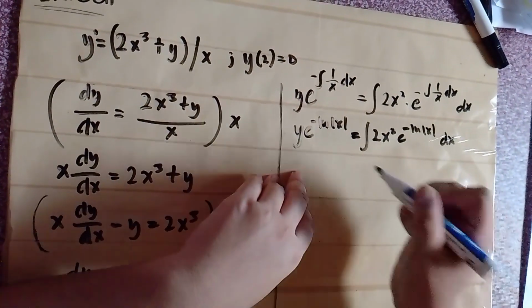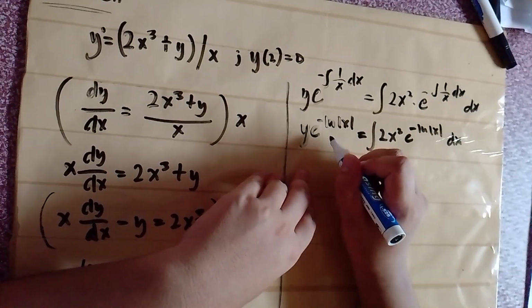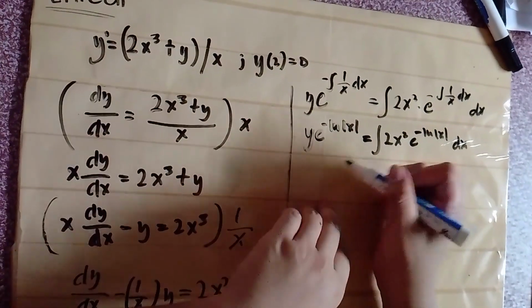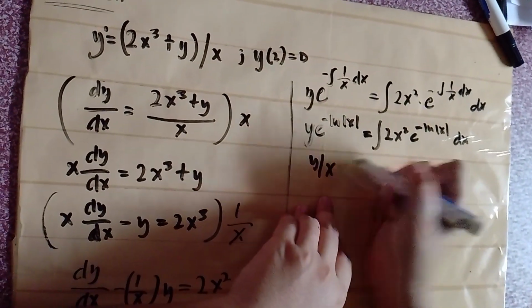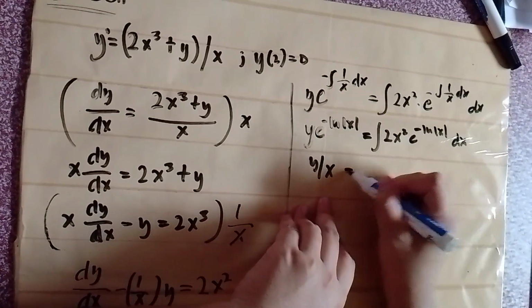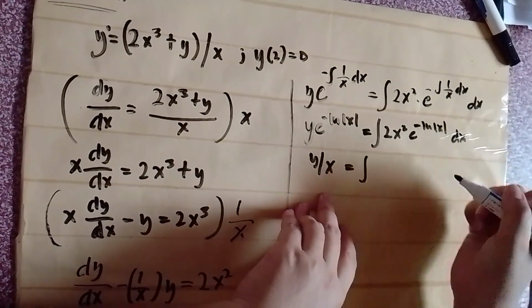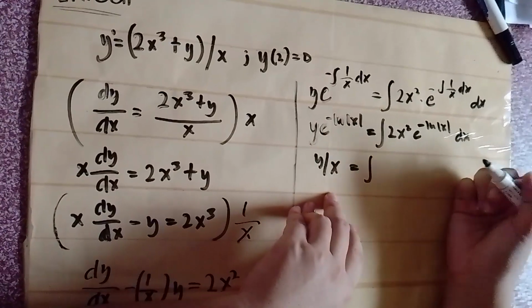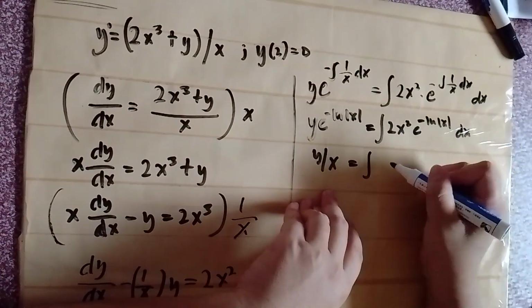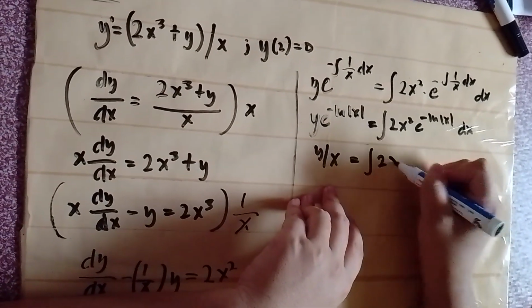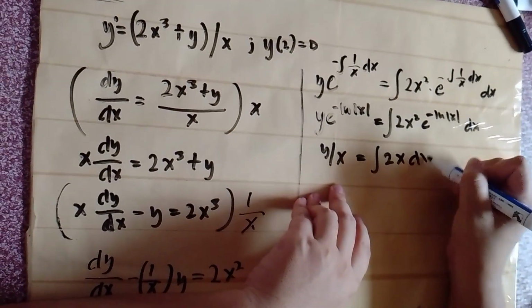So we can cancel out the ln, so we are left with y over x equals the integral of 2x squared over x, which is simply 2x dx.